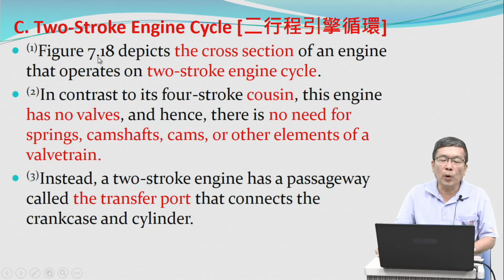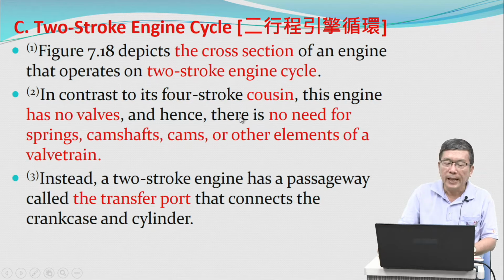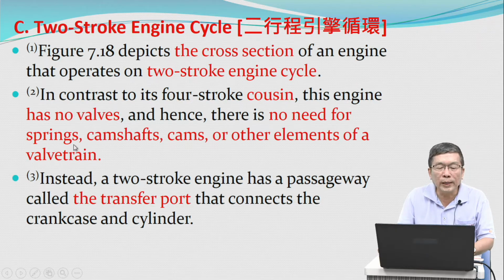Figure 7.18 depicts the cross-section of an engine that operates on the two-stroke engine cycle. In contrast to its four-stroke cousin, this engine has no valves, and hence there is no need for springs, camshafts, cams, or other elements of a valve train.